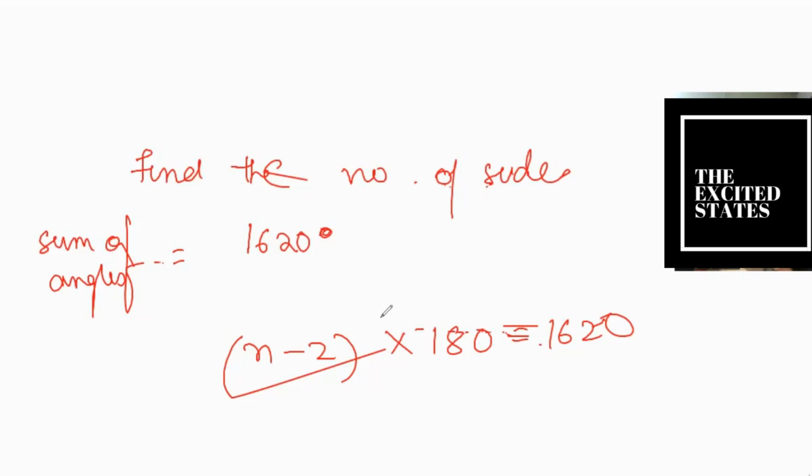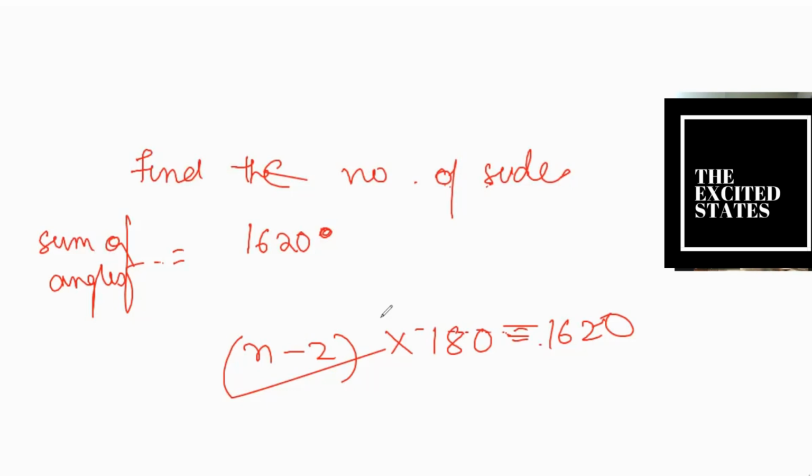And then you add 2 to it, because n minus 2 is 9. 11. So the sides are 11, right?